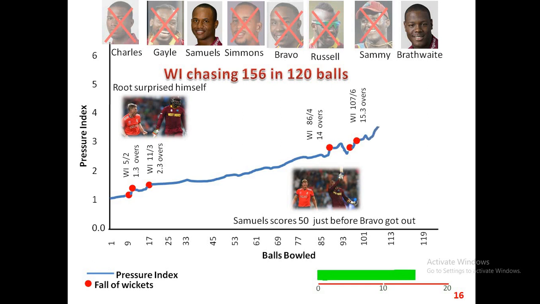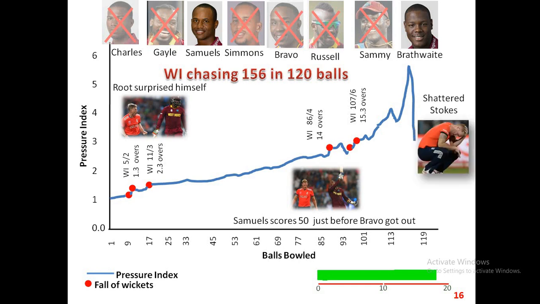And as they kept on batting, the pressure kept on increasing. As we can see, we reach the 19th over, which ended with a very heavy value of pressure index, even more than 5. A challenging situation of requiring 19 runs from the last over, and it was Brathwaite who was facing. The bowler was Stokes, but then sixes started raining, not 1, not 2, but 4 sixes back to back, and West Indies won the 2016 T20 World Cup.